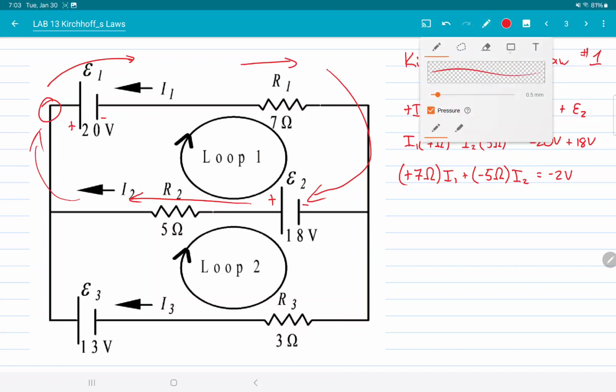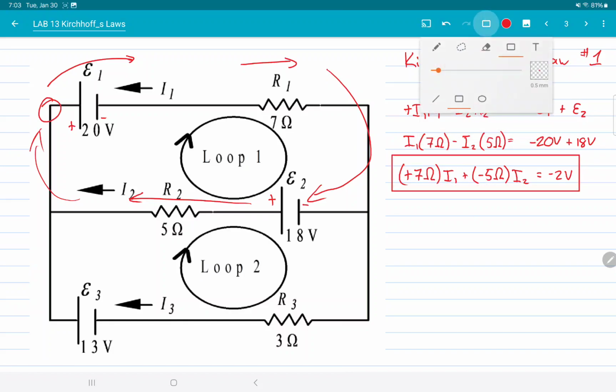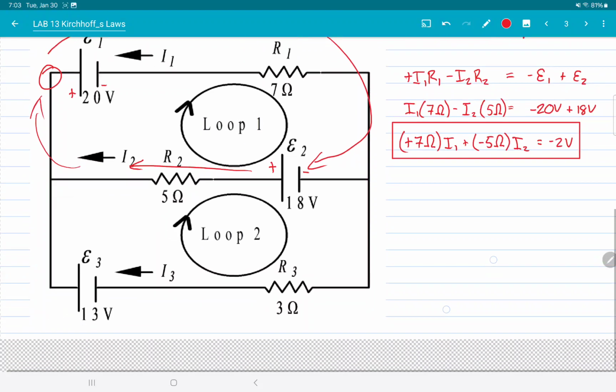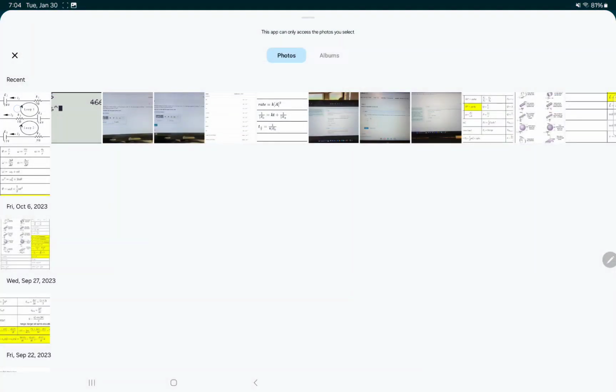Okay, so now we have our second independent equation. Third independent equation coming up.